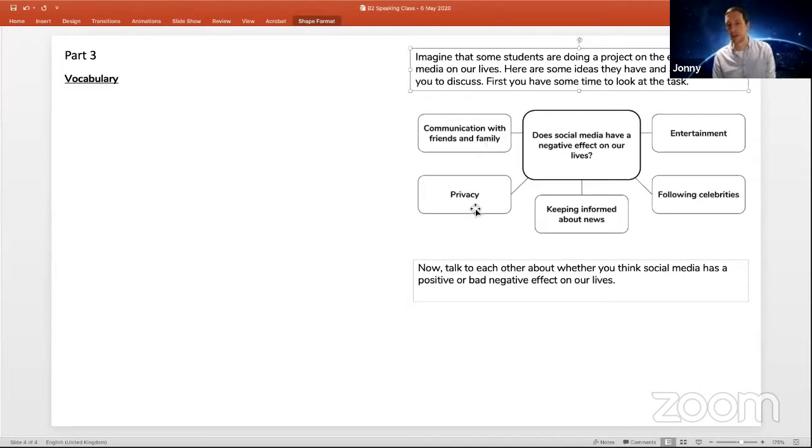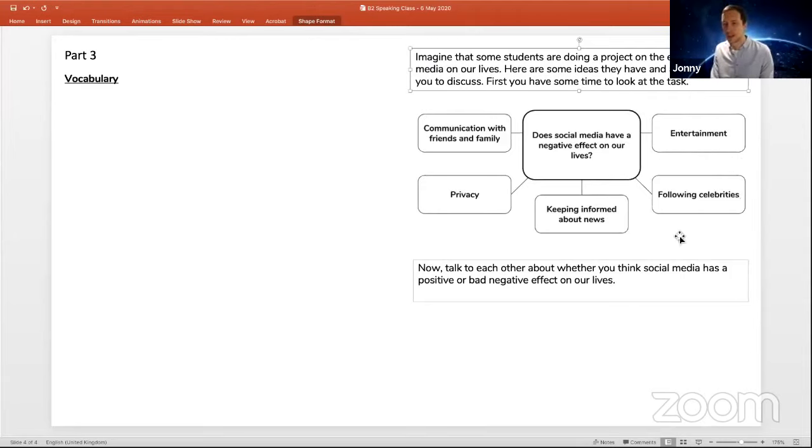Privacy is a big topic with social media at the moment. Keeping informed about news, following celebrities. Celebrities are famous people. And entertainment. So maybe we use social media for entertainment.